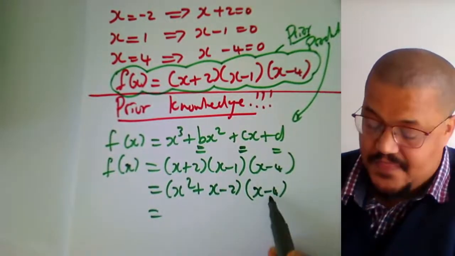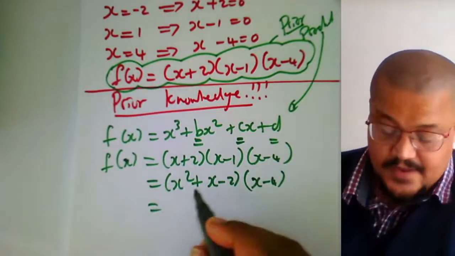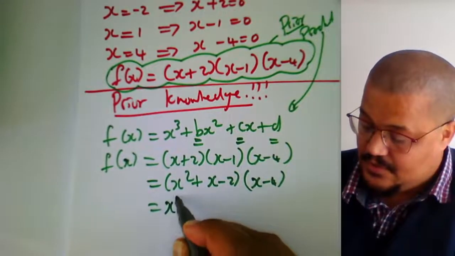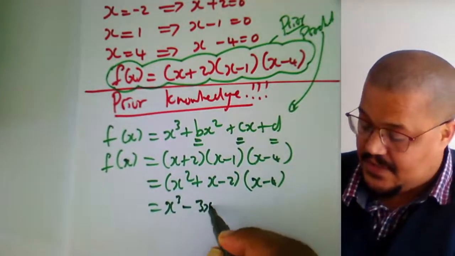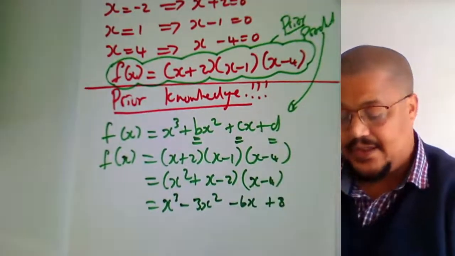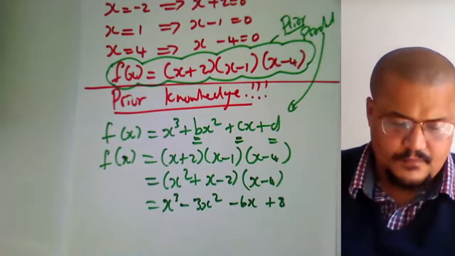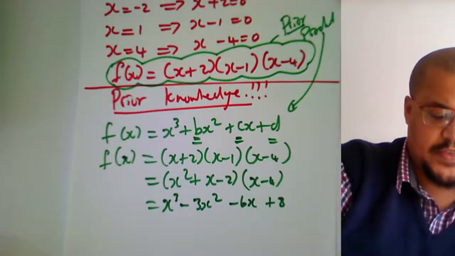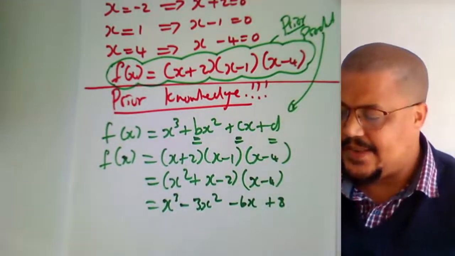And when I simplify this part, I then have x to the power of 3 minus 3x squared minus 6x plus 8. Now let's go back to the question. They wanted us to find b, c, and d.